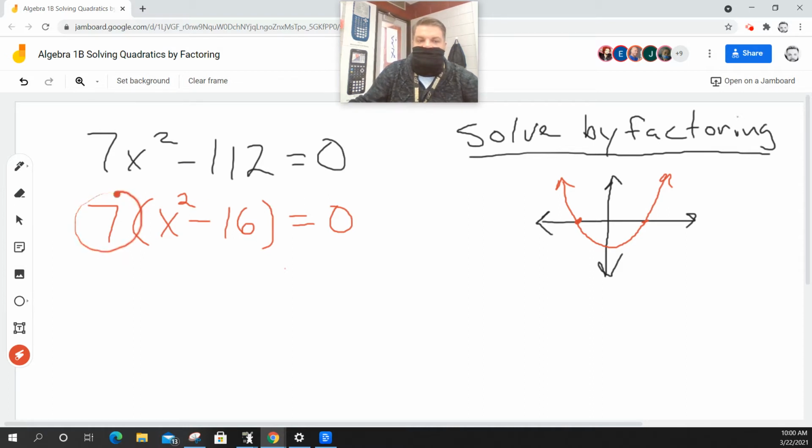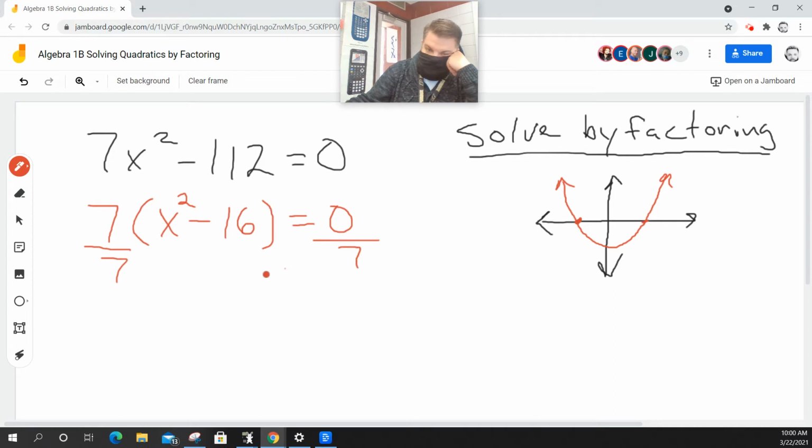In other words, would 7 times negative 16 equal negative 112? Yep. So now what do I do? Well, I can get rid of the 7. This is kind of a neat trick. 7 divided by 7 is 1. Guess what 0 divided by 7 is? 0.